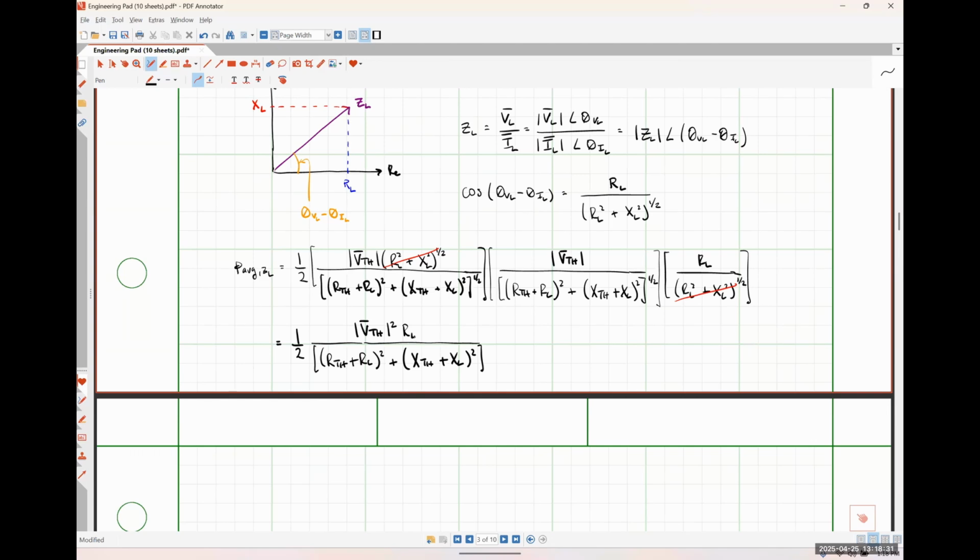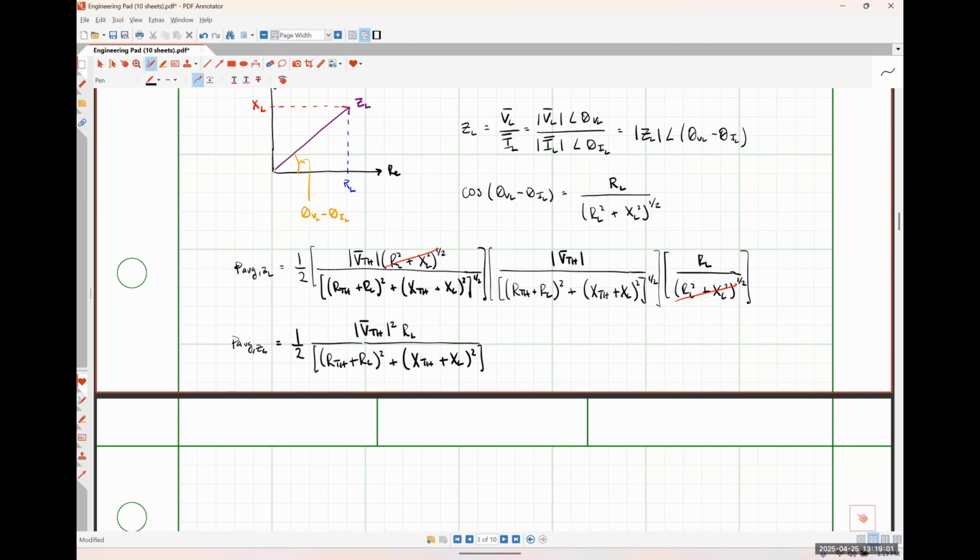Let me just make this real clear that this whole thing is the average power absorbed by our load impedance. We don't do anything because they're all. Do you see a single J in here? It makes it smaller. So the presence of any reactance is going to make my average power smaller.